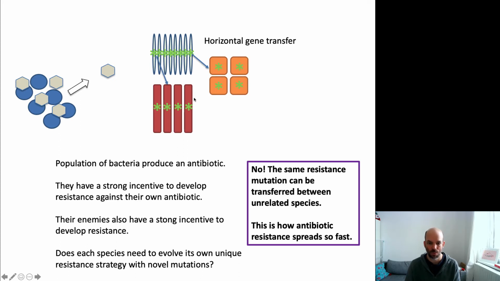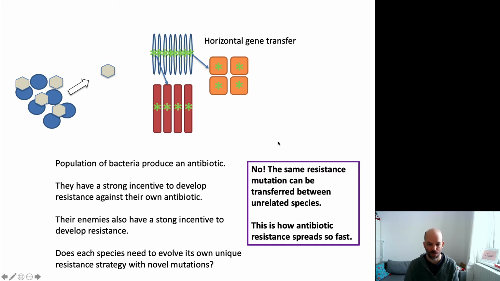One way this could happen is that for these other species to develop resistance, they could have their own point mutations, but in fact that is not what they have to do, and in reality the way that the resistance spreads is that they just steal the gene, or somehow this gene gets passed on to these other species, so now they have exactly the same mutation that this first species has, and that strategy, that mutation for resistance, gets spread not only within a population of the same species, but even to completely different, unrelated species. And that's really how antibiotic resistance spreads so fast.